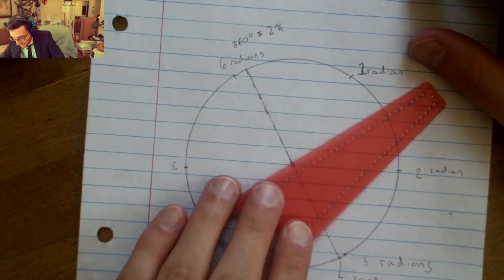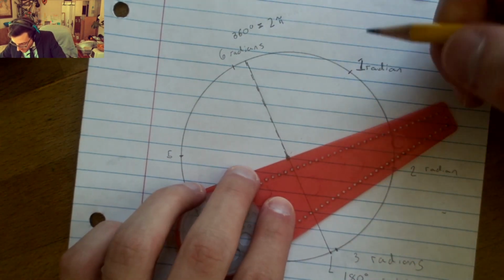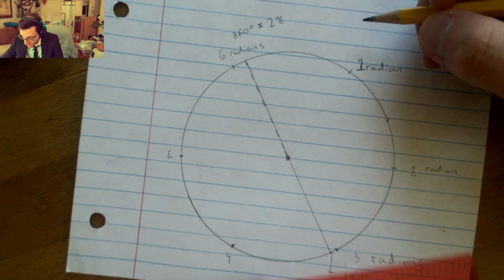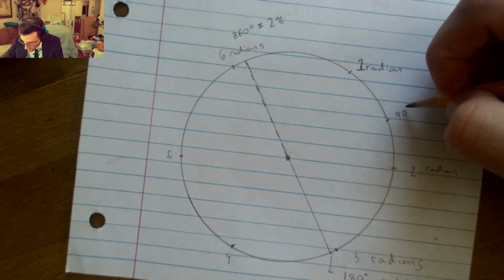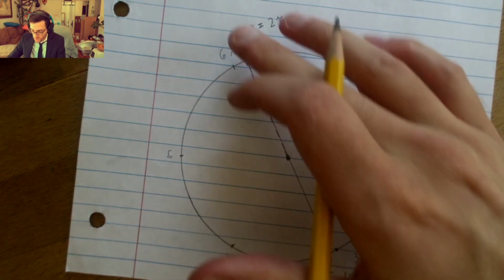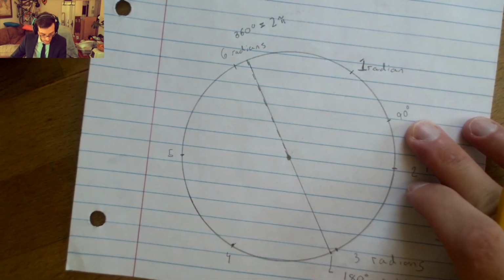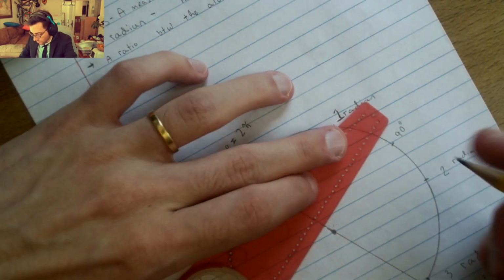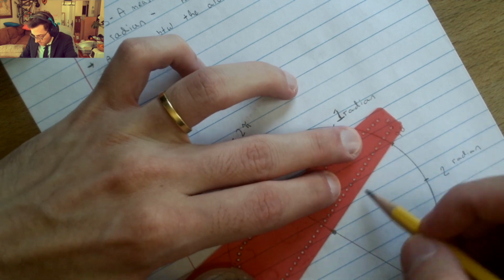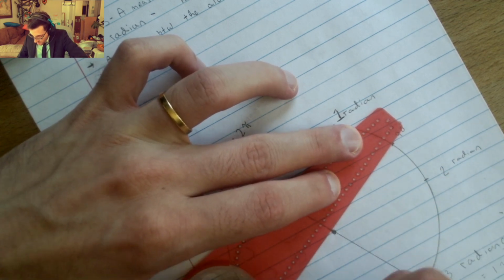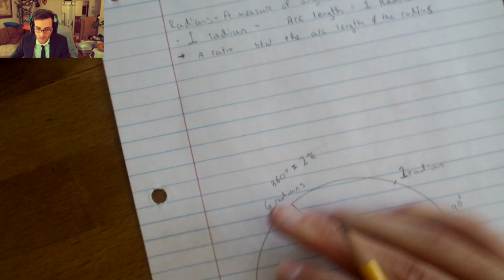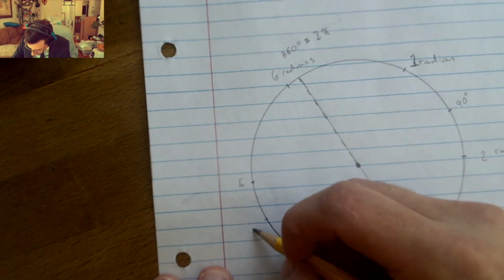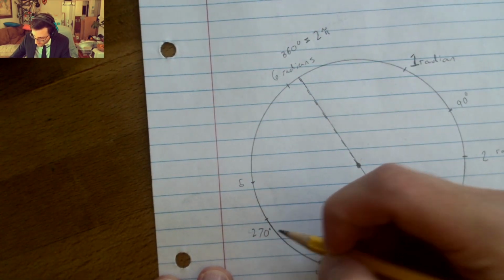If we start to add a little bit of detail, our perpendicular radius would be around here, or 90 degrees. Same thing, if we just draw back around, we're going to have around 270 degrees on the bottom left here.